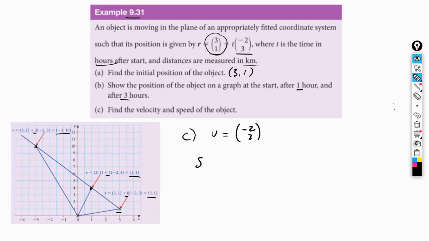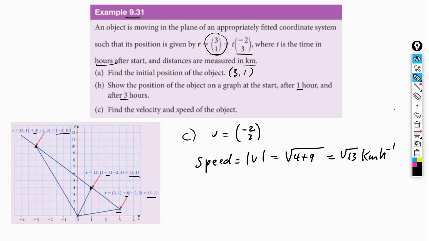The speed is equal to the magnitude of v, which is the square root of 4 plus 9, and this is equal to the square root of 13. So square root of 13 kilometers per hour.